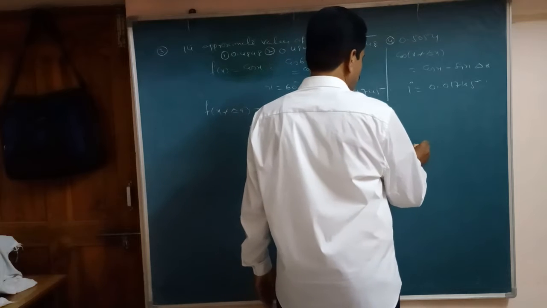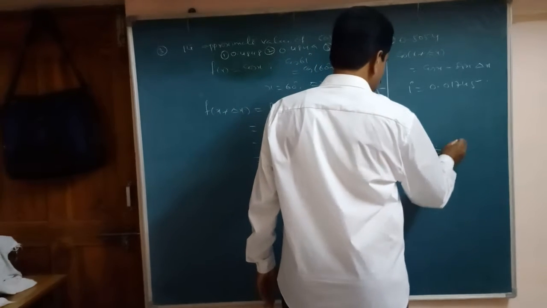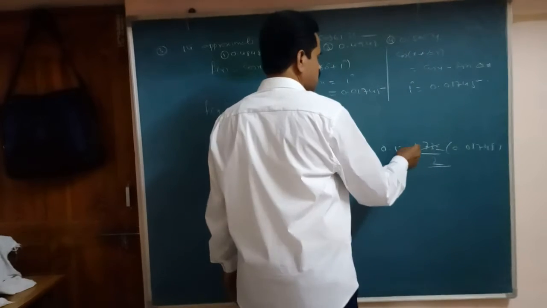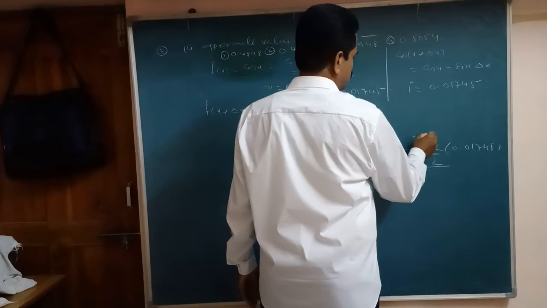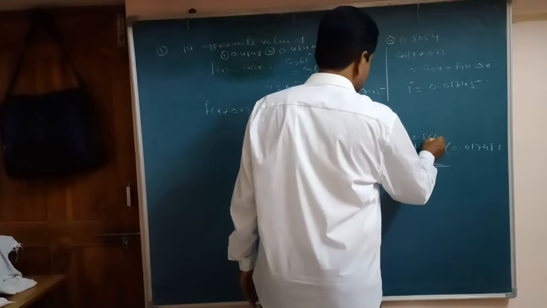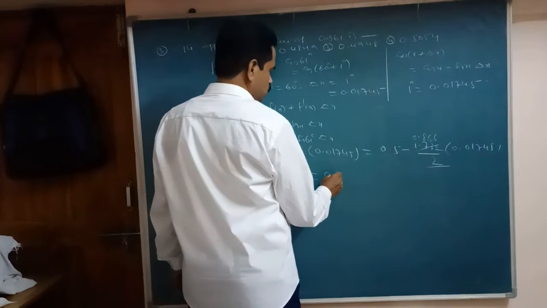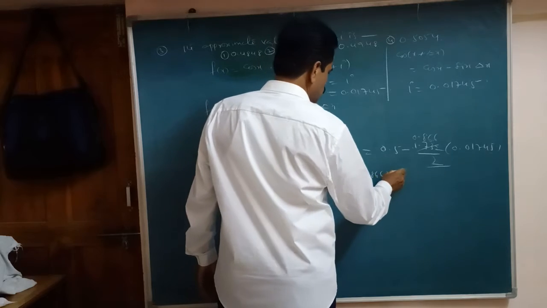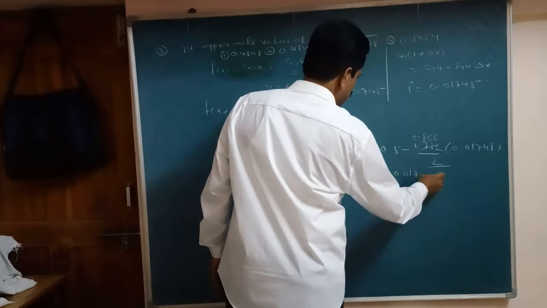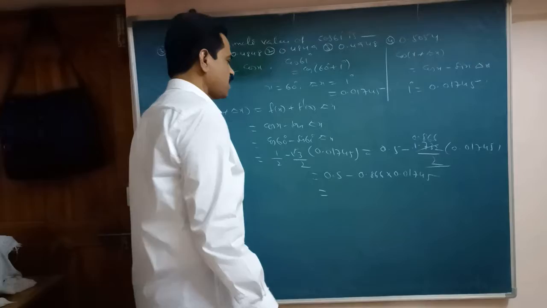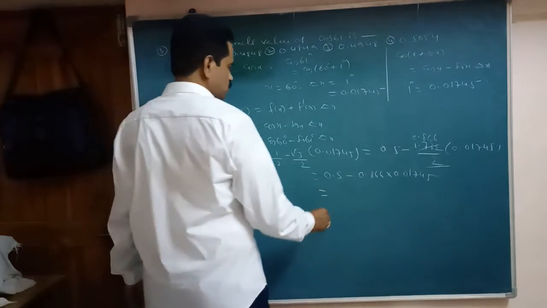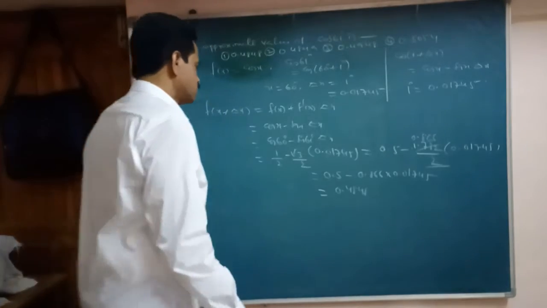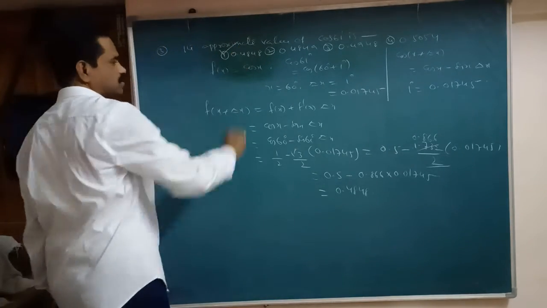Here root 3 means 1.732 by 2, into 0.01745. 1.732 by 2 is 0.866. So that equal to 0.5 minus 0.866 into 0.01745. After multiplying and subtracting, we get the value 0.4848. So, first option.